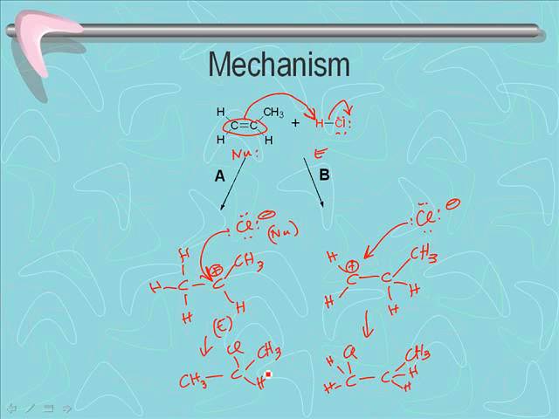Of these two products, though, Markovnikov's rule states that this is the one that will form, and we will not observe the other product. So it's going to be important for us to be able to take a look at why this is the case. What we can note right away, though, is that we have different kinds of carbocation intermediates.